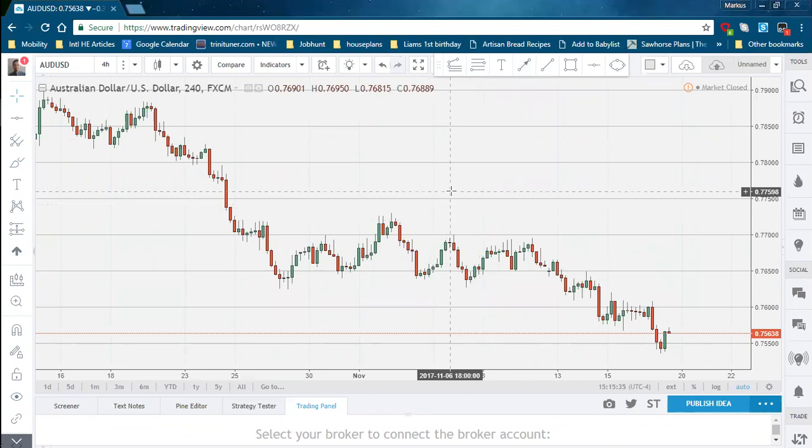So for a bullish engulfing candle, we're looking at a candle that strongly counters the bearish sentiment and closes well above the previous candle. For instance, on the AUD USD right here, this is the setup from last week Friday.